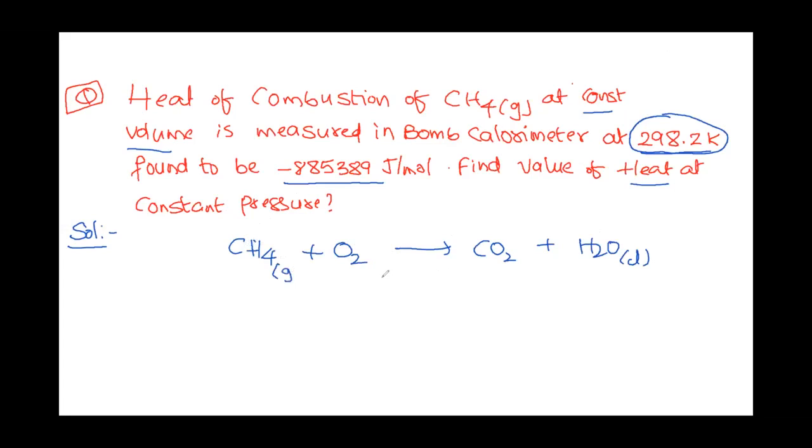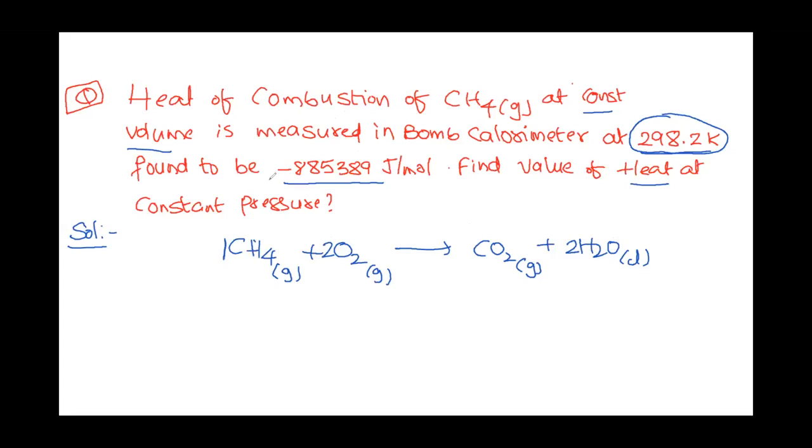Take 1 mole of carbon, because enthalpy of combustion is always for 1 mole only. Four hydrogens, so 2H2O, and therefore 2O2. This balancing of the equation is very important.